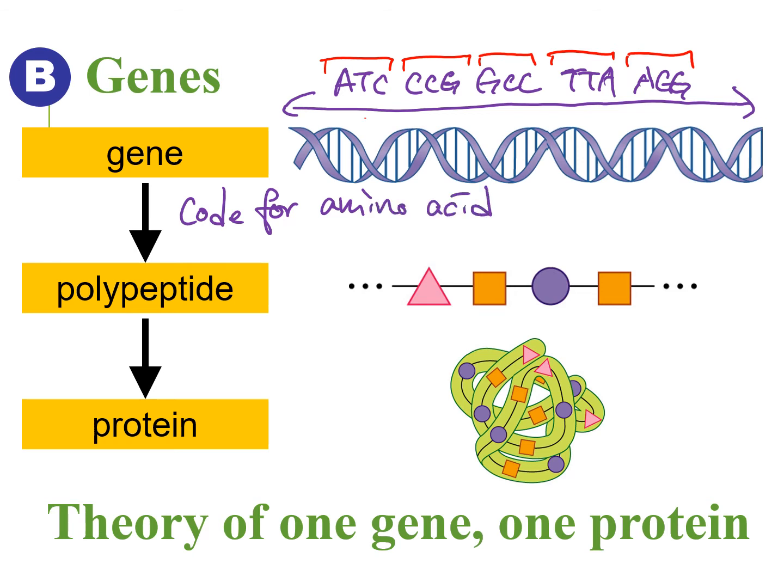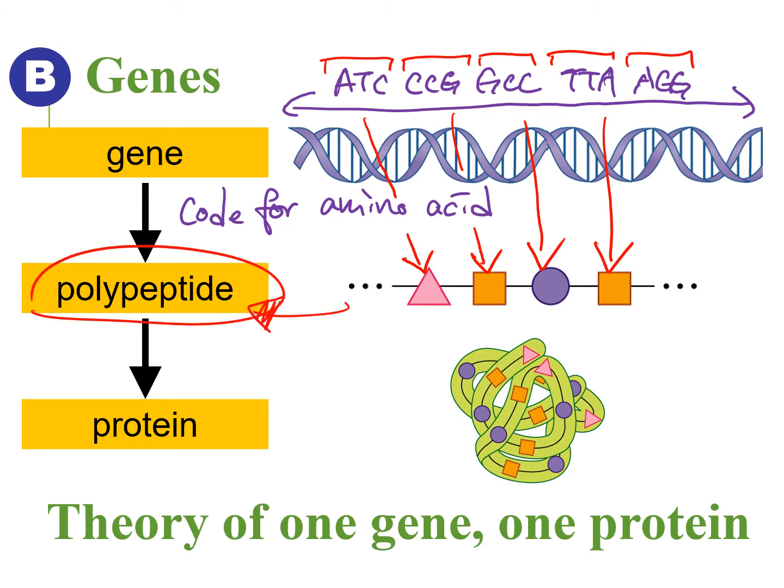Once they code for the amino acids, they will form a polypeptide. And this polypeptide later on can fold up to give a 3-dimensional, 3D protein. So this is a protein.